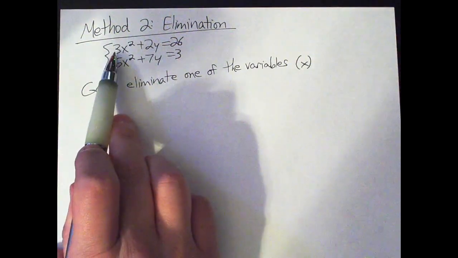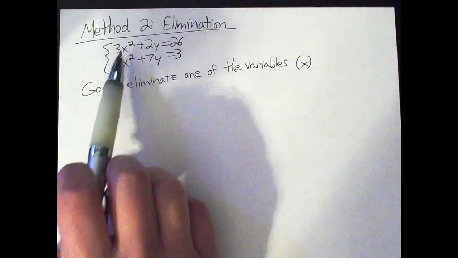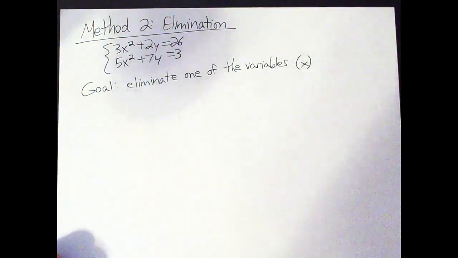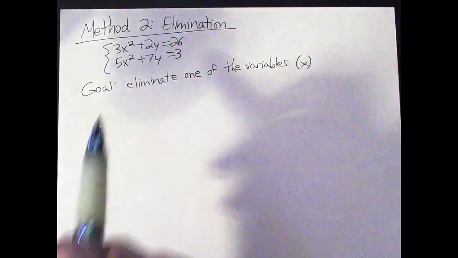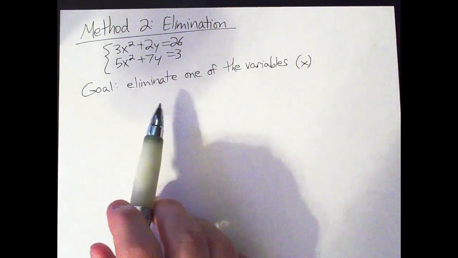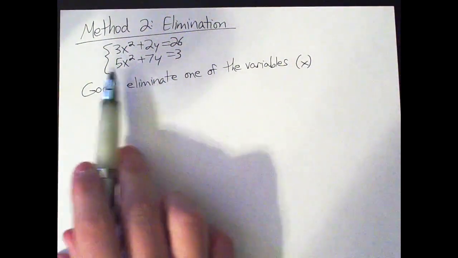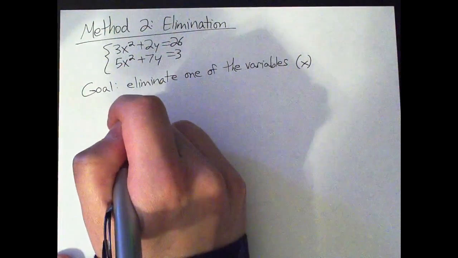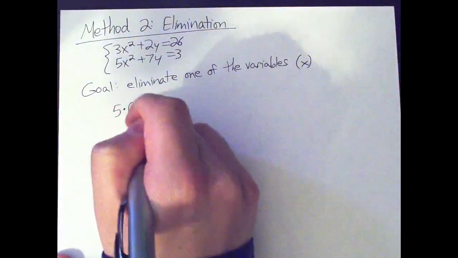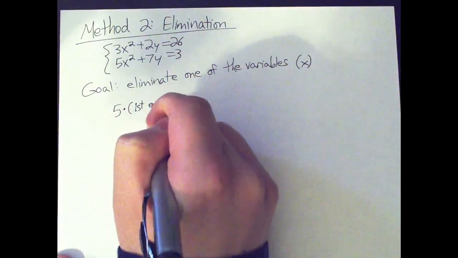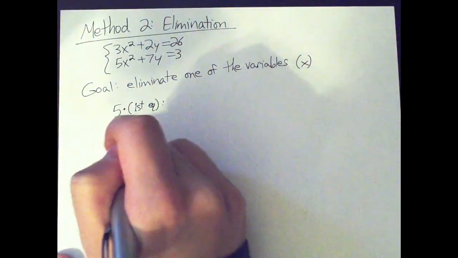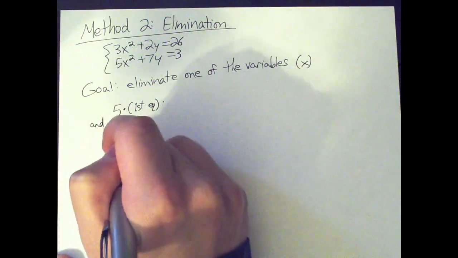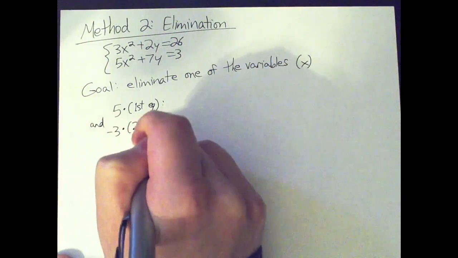Now, the x squared up here has a 3 in front of it, and the x squared down here has a 5 in front of it. So if I add these two equations together, it's not going to help. We'll get 8x squared. So I think we need to multiply the equations by constants. What I decided to do was 5 times the first equation, and also -3 times the second equation.